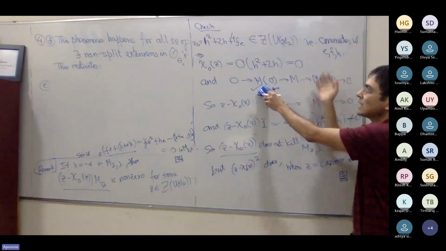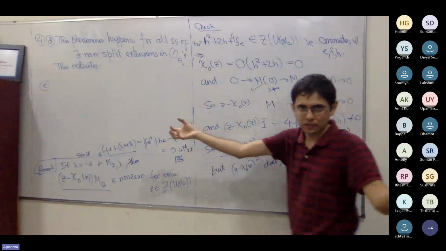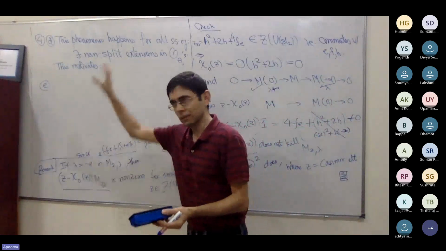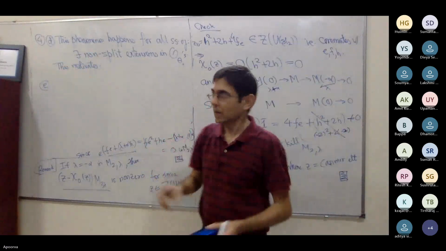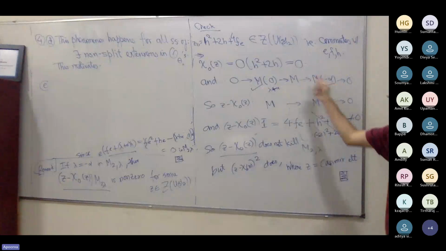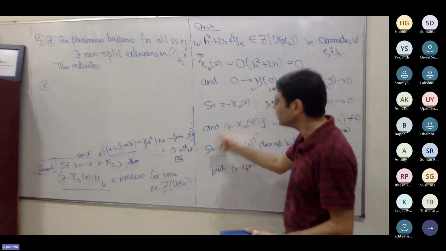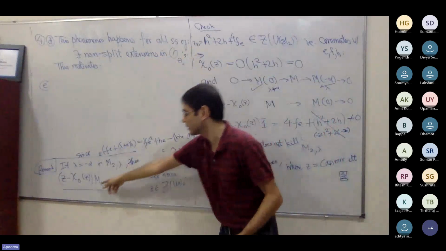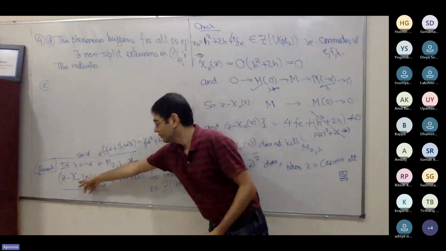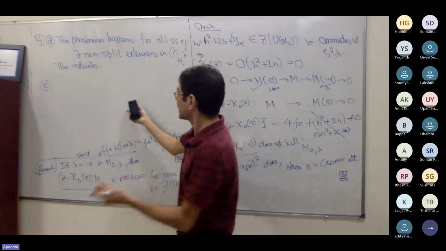If it were different central characters, then we just prove that the extension splits, and one central character will kill one of them, the other will kill the other. But here they don't split, and that is because they have the same central character. And then you can have powers of that central character needed to kill the module. One power is not enough. So that's what we do.